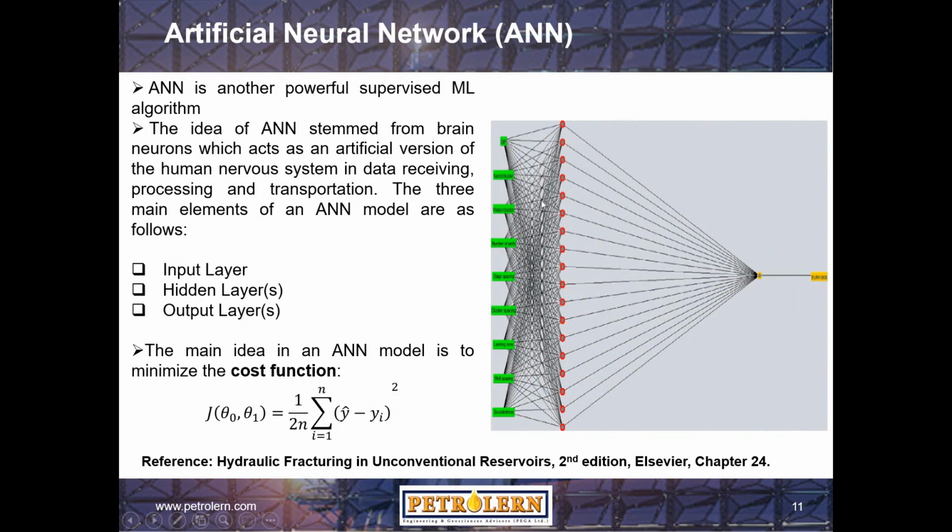For example, in the ANN model, you have different fine-tuning parameters, such as what type of solver do I want to use to solve the problem? Do I use stochastic gradient descent? Do I use Adam solver? You also have different types of functions. Do I use tangential or logistic functions to solve the problem?